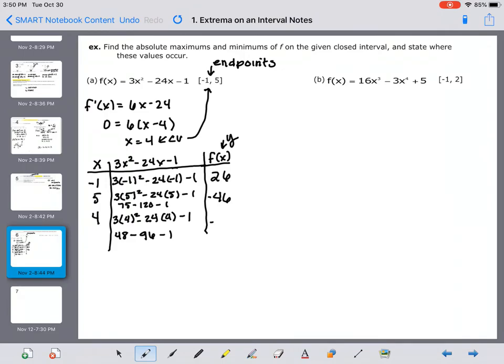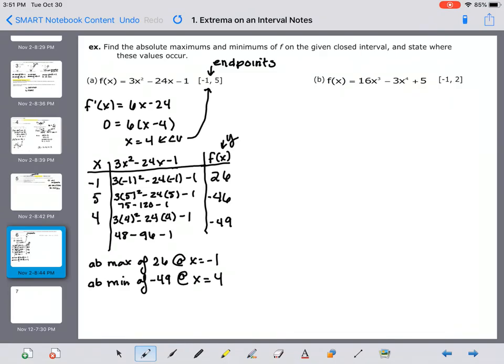Negative 48 minus 1 gives us negative 49, which means I have an absolute max of 26 at x equals -1, because that's my highest y value, and an absolute min of negative 49 at x equals 4, since that's my lowest y value.